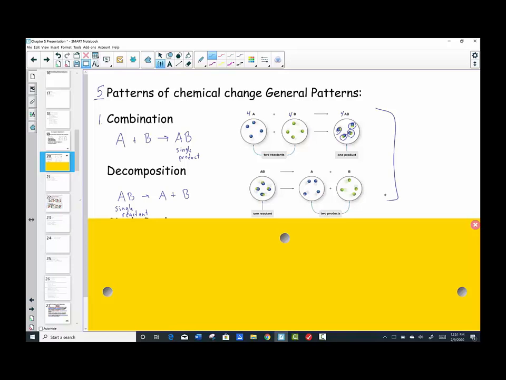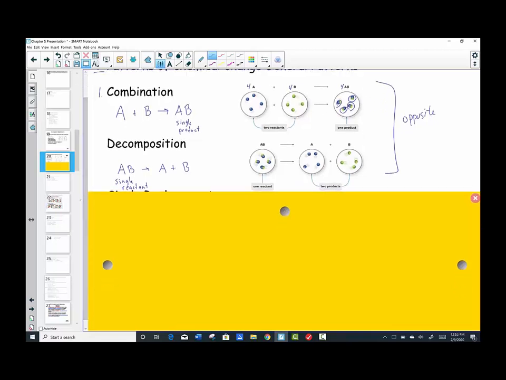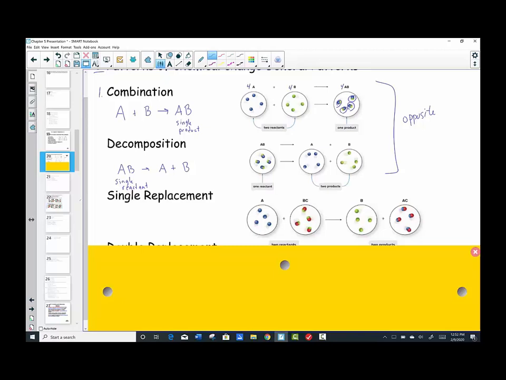Notice that these two are opposites of one another. To combine is a building process. To decompose breaks it back apart. Combination and decomposition.